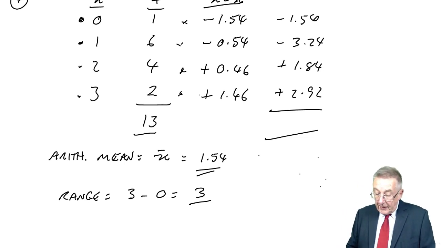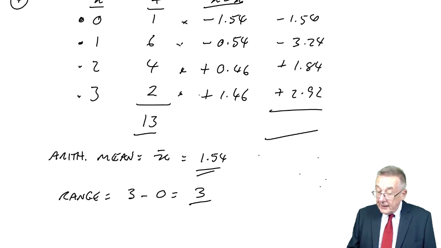Well, if you add them up, minus 1.54 minus 3.24 plus 1.84 plus 2.92, we end up, well, effectively with 0.